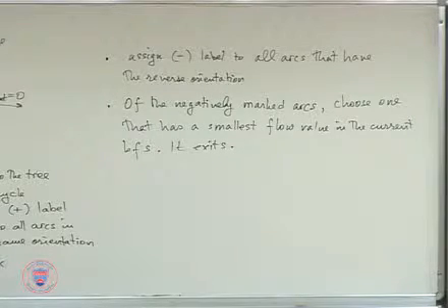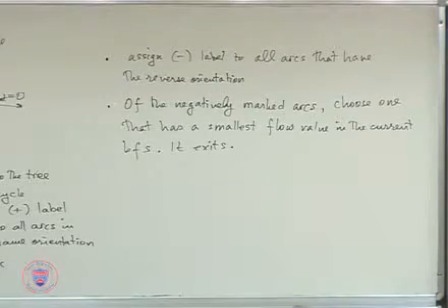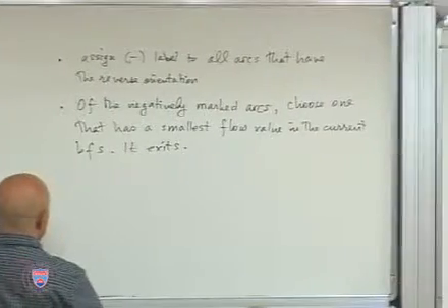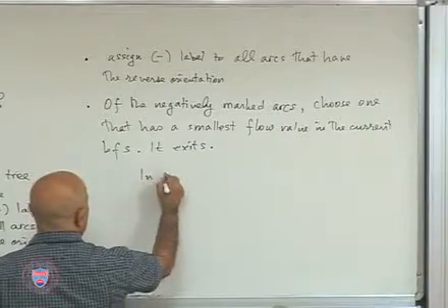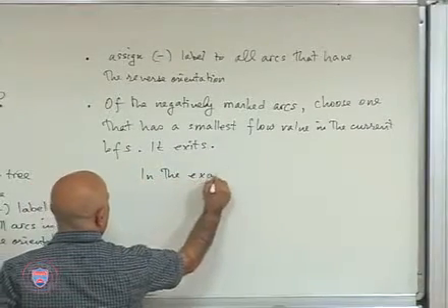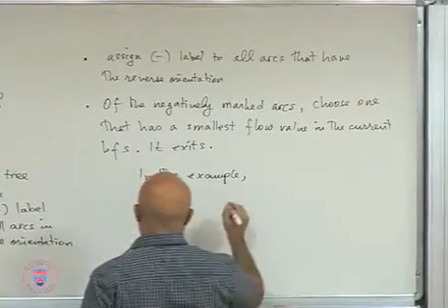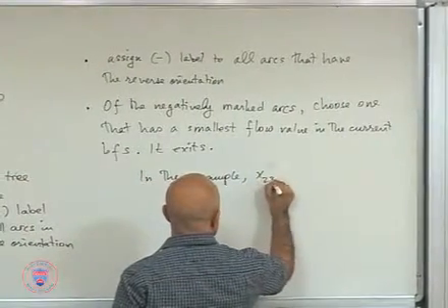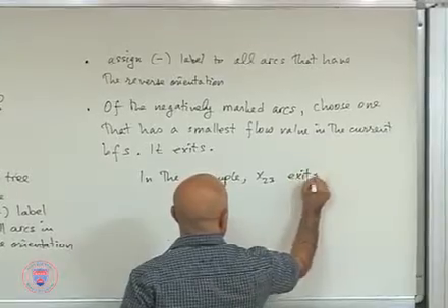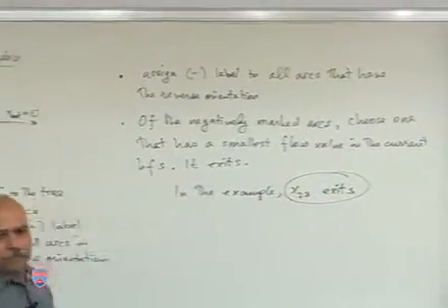One of them will be non-basic, the other ones will be basic. All right, so in this example, we know that 2, 3 exits. There's only one.